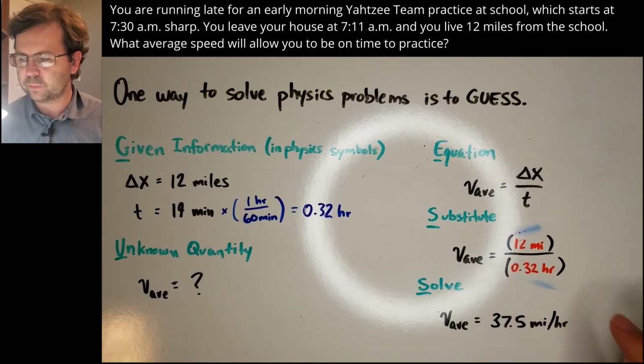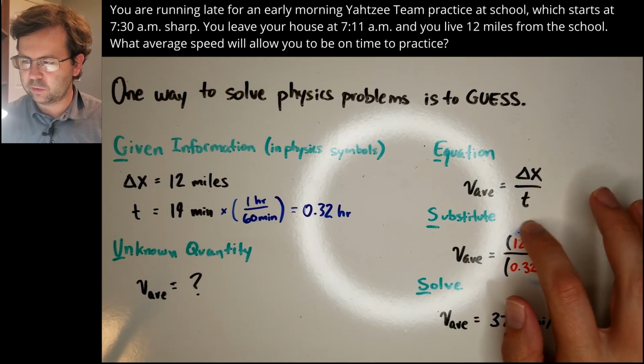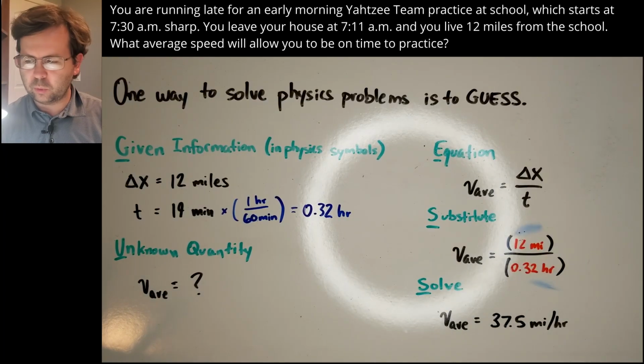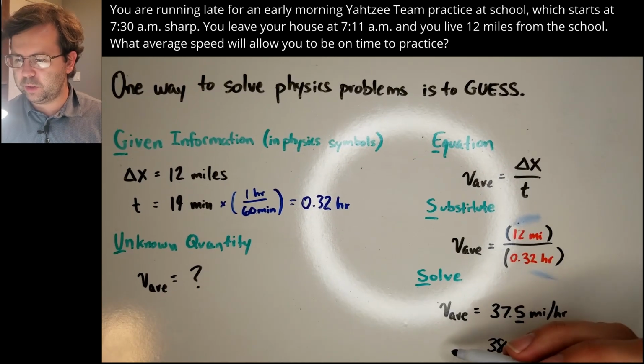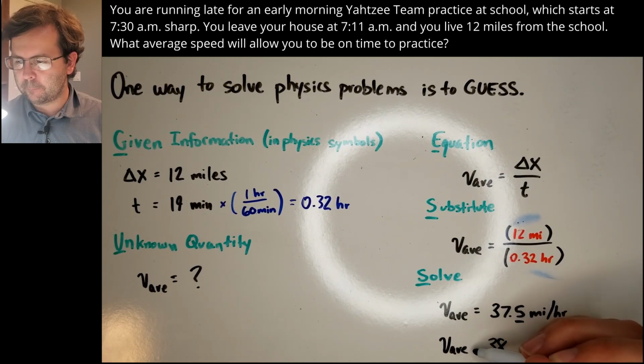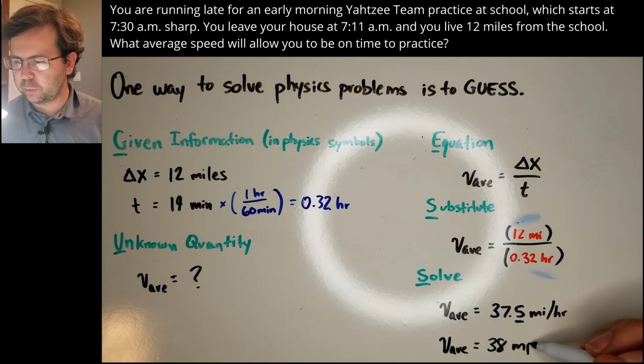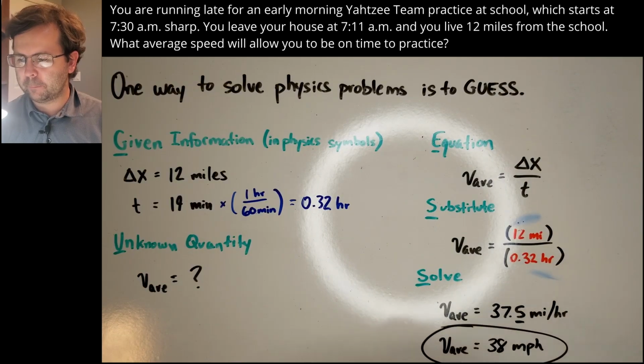I'm going to round this number so that it only has 2 significant figures in it, which means I'm going to round this third digit up to 38. So the average speed here is 38 miles per hour. And that is my answer.